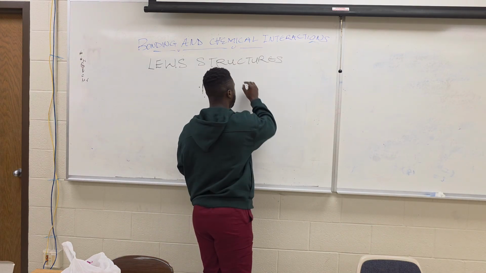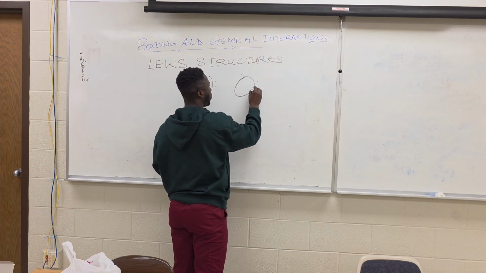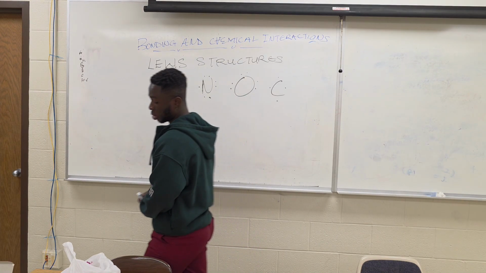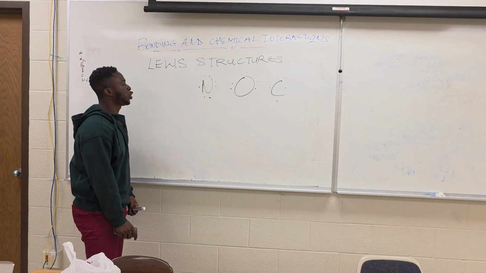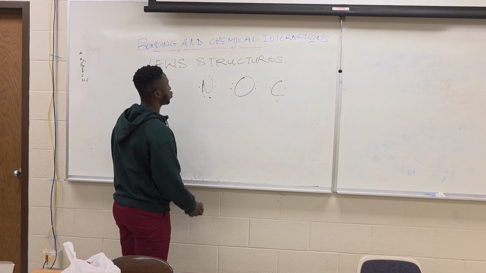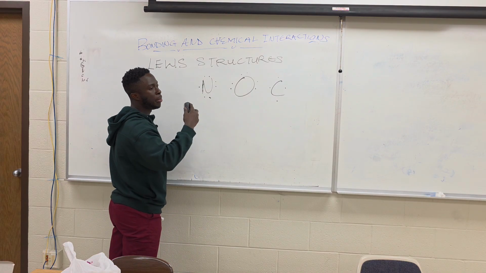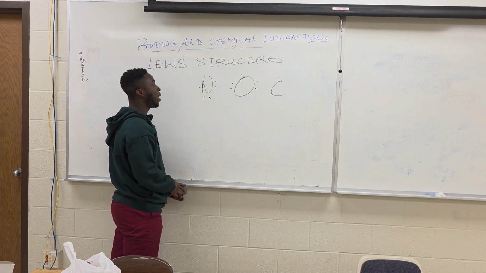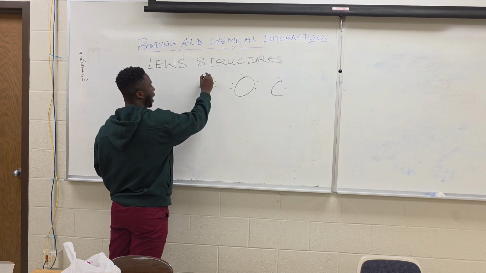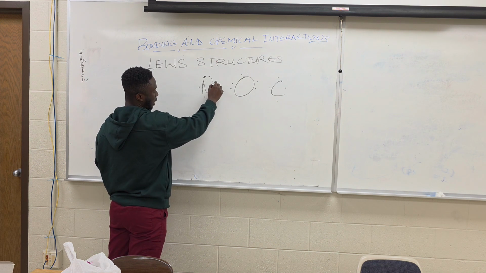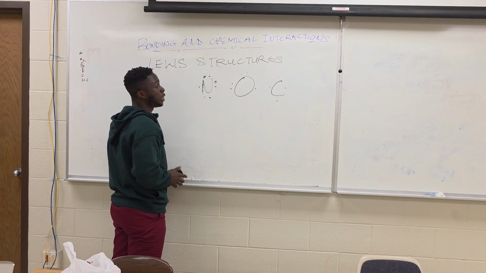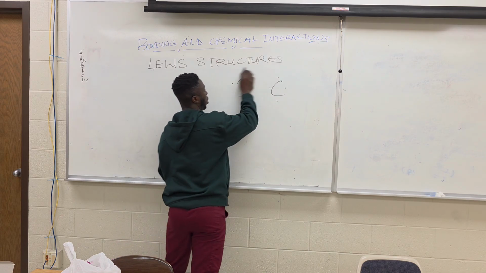That's it. Oxygen, group 6: 1, 2, 3, 4, 5, 6. So since Lewis structures are just a representation of an atom by its valence electrons, whereby we use dots to surround that atom, we can also use it to represent a compound or a molecule.